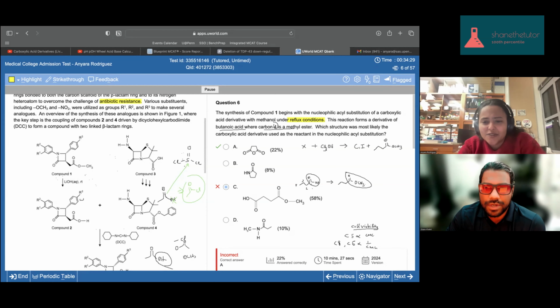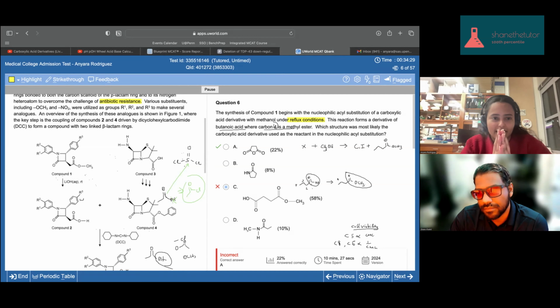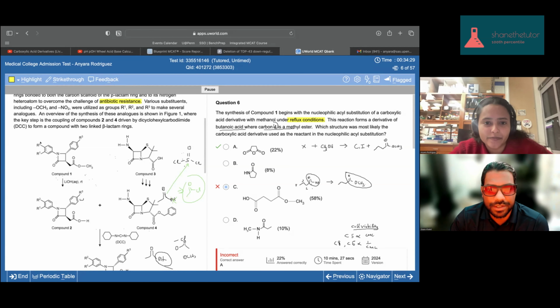Is this another product, or is this before they create compound one? Yeah, it's before they create compound one. So is this an intermediate? No, it's just one of the products.